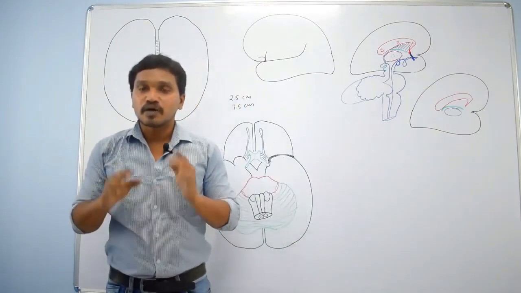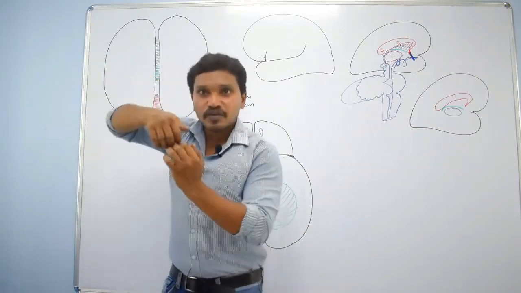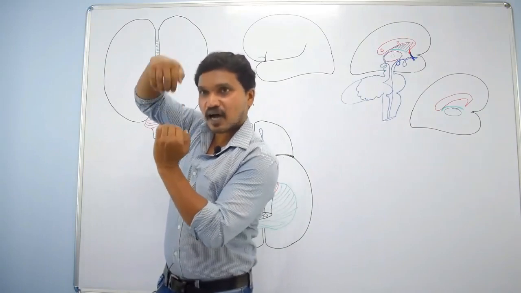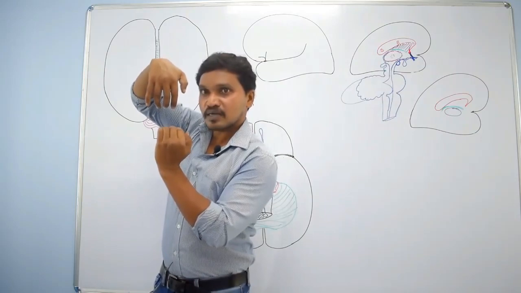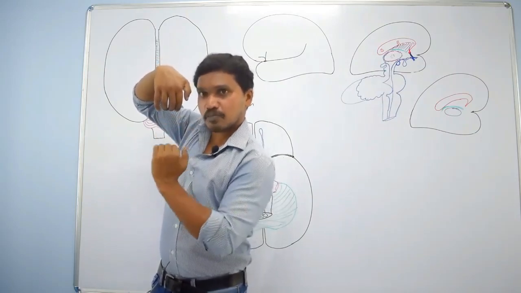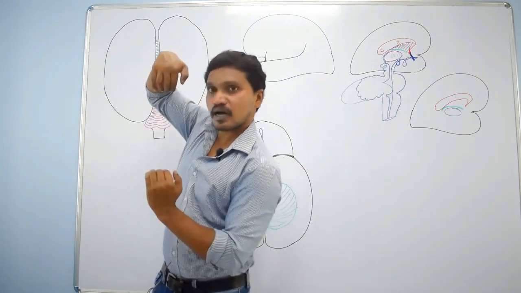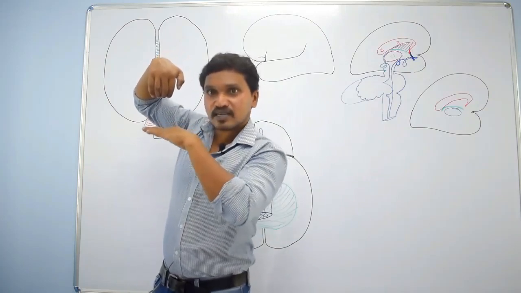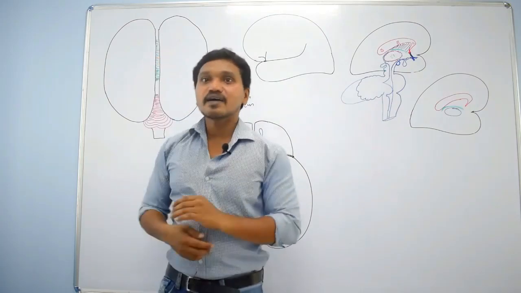Insular lobe, right? If you retract the lateral sulcus, holding the temporal lobe below, and the parietal lobe and frontal lobe above, then in the floor of the lateral sulcus you can find one island of cortex.